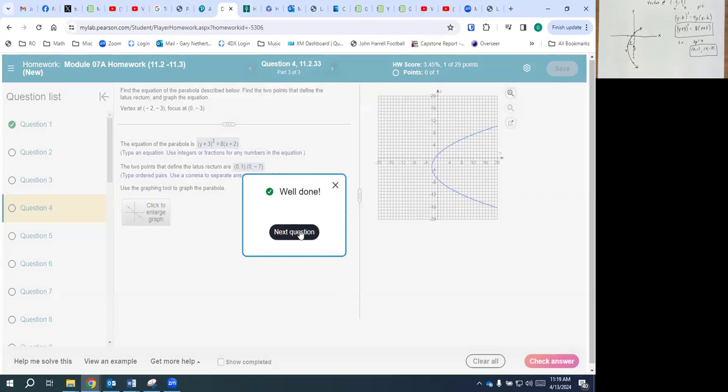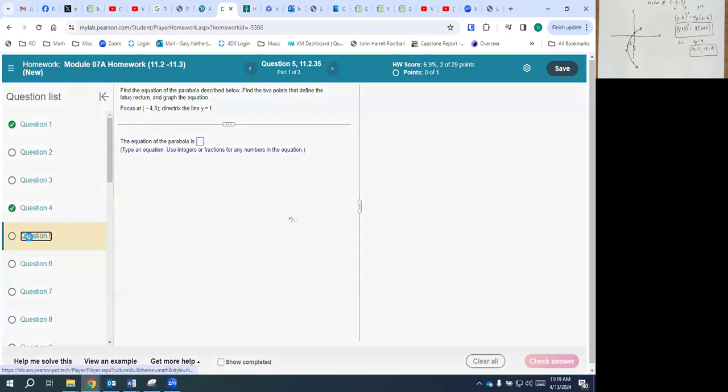All right, we're going to do one more quick problem. Both those first two problems, the information they gave you was the vertex and the focus. We're going to do one problem where they give you a little bit different information. This one, they give us the focus, and they give us the directrix line. The directrix is always a line, a straight line.